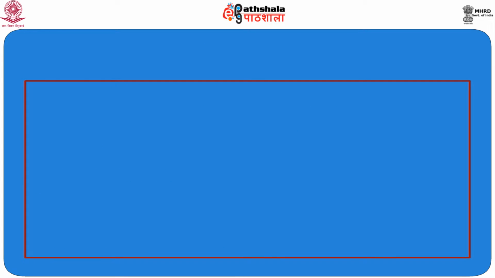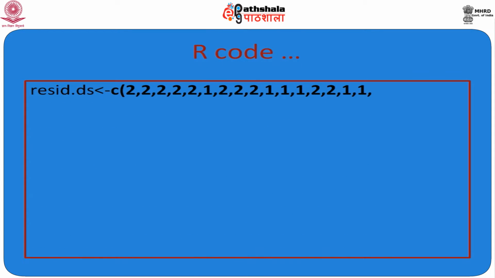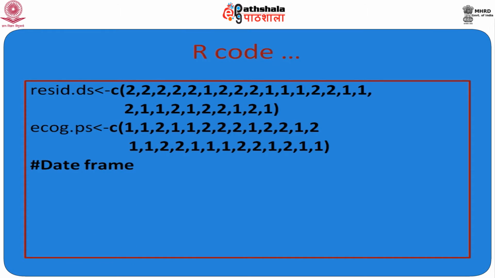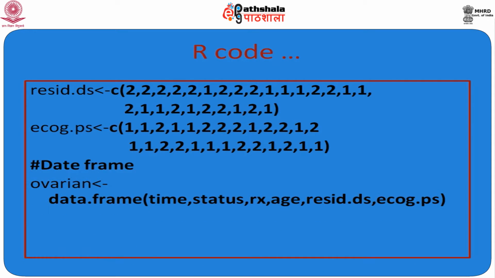Now we can call other variables like residual.disease, coded as 2 and 1, and ECOG.PS also coded as 1 and 2. All these variables we are calling through data.frame: time, status, Rx, age, residual.disease, and ECOG.PS are called and assigned by a data.frame, and this database is called ovarian.